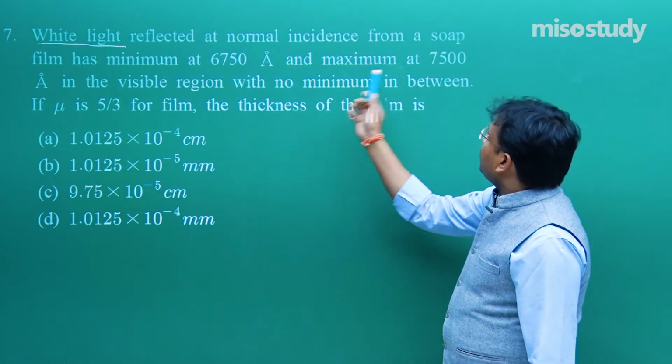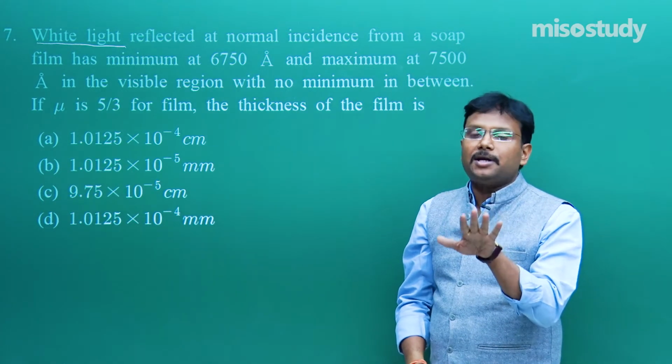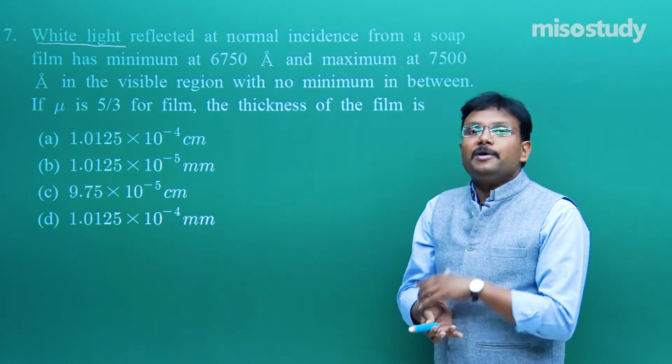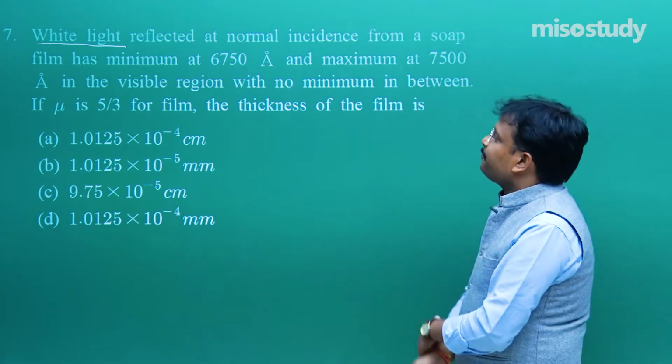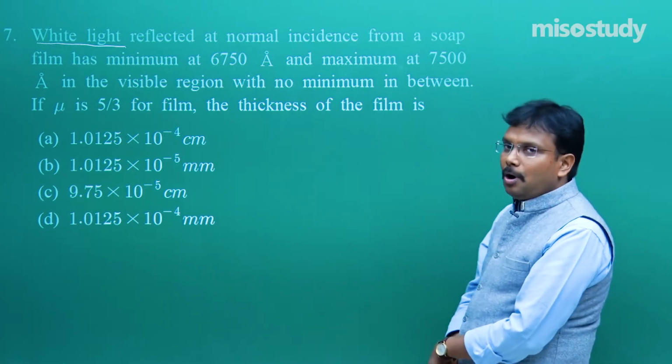Now, it is reflecting from a soap film. So, obviously, this question is associated with the interference pattern. Fine. So, it has a minimum at 6750 angstrom.